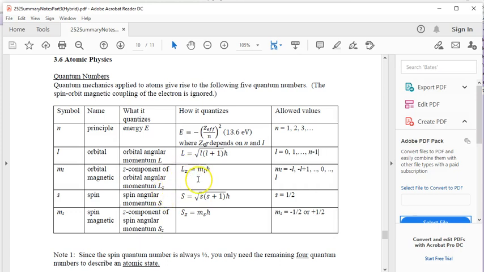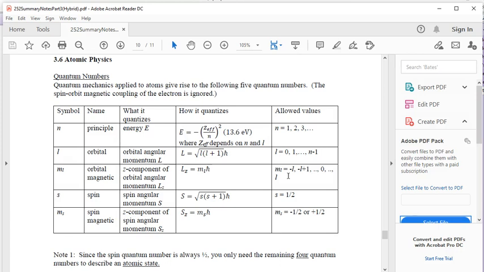Well, L sub z is the orbital magnetic quantum number, m sub L times h bar. And what are the allowed values? Well, the allowed values of m sub L are going to depend on what is the value of little l. Because m sub L will go from minus little l in integer steps to plus little l.